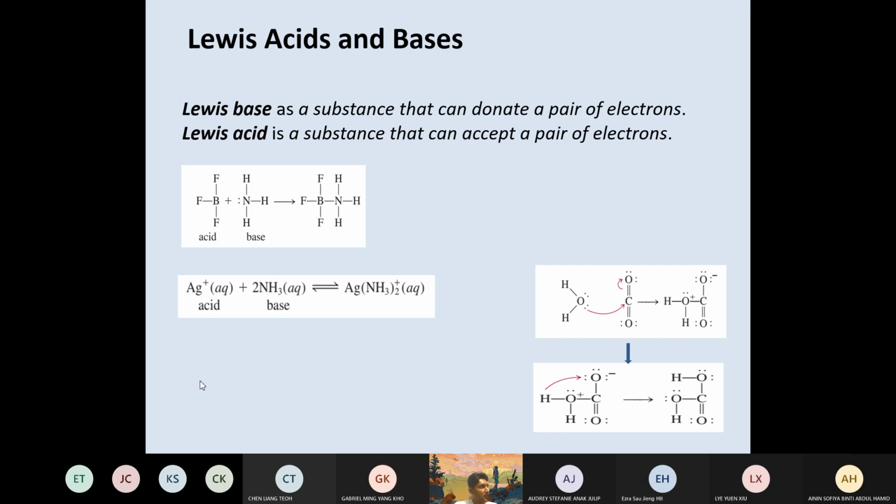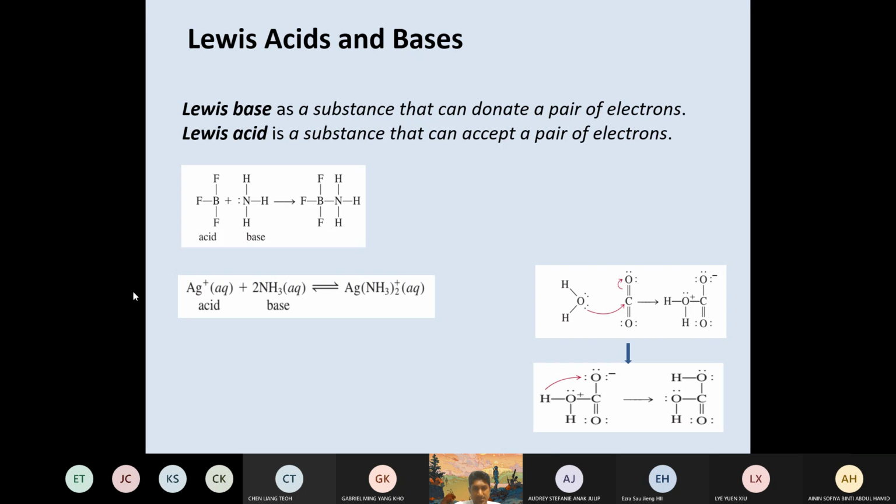But for Arrhenius, any species giving a hydrogen ion is the acid as well, but the base is whoever is giving the hydroxide ion. So the Arrhenius definition is based on both of them donating, but different types of species. Bronsted-Lowry is based on whether it is giving or taking the same thing.